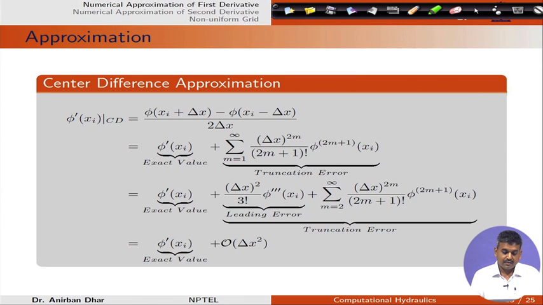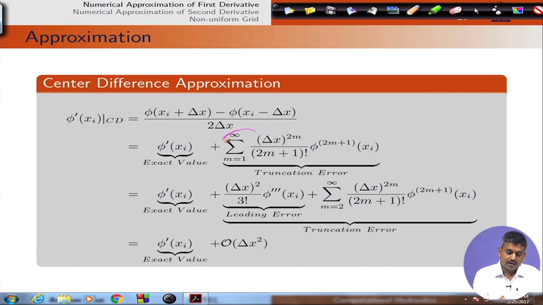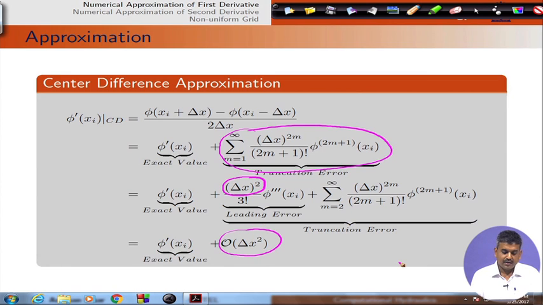In this case we are getting this term as truncation error, and you can see that the leading error term has a delta x square term, and in this case truncation error is of the order delta x square.